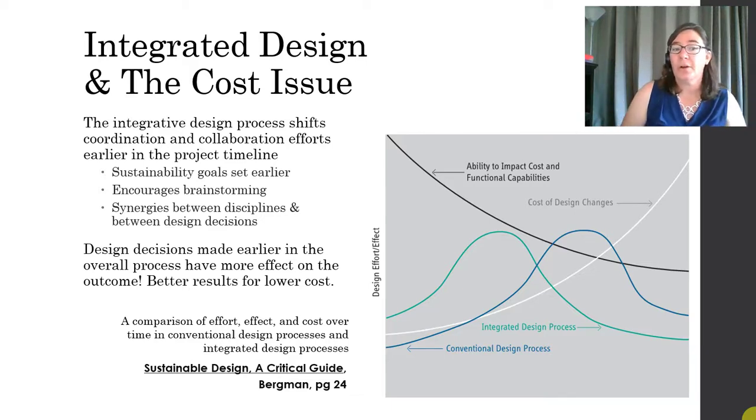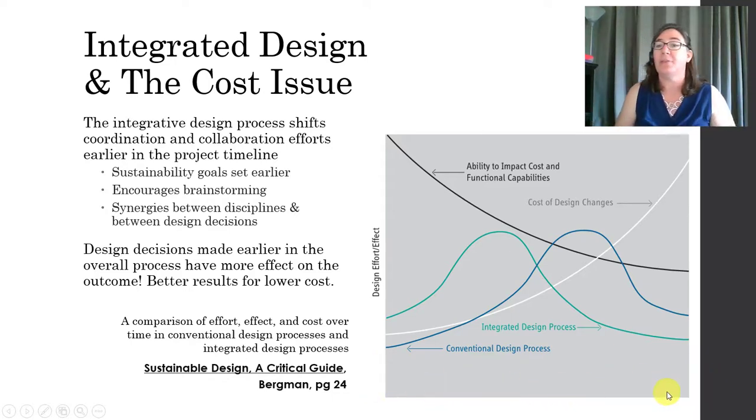Take a look at this chart from your textbook, Sustainable Designer Critical Guide. It's comparing effort, effect, and cost over time in the conventional or traditional design processes versus the integrated design processes. So over here on the left, we have design effort. So this is the work going on. And the axis left and right is time.